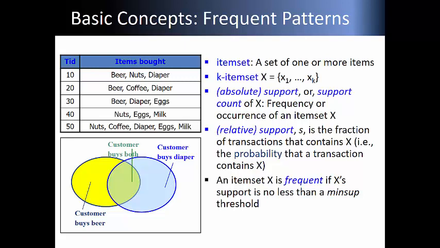If you look at transaction ID 10, that basket contains beer, nuts, diaper. Another basket contains beer, coffee, diaper. And basket 30 contains beer, diaper, eggs. Among items, there is no order, right? It's like a set. It is not a sequence, but it is a set.